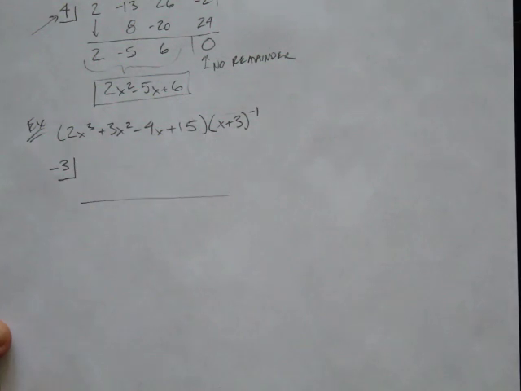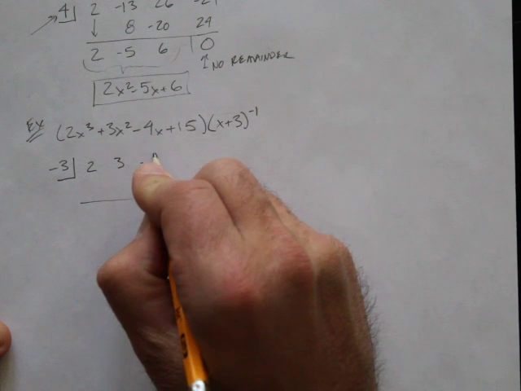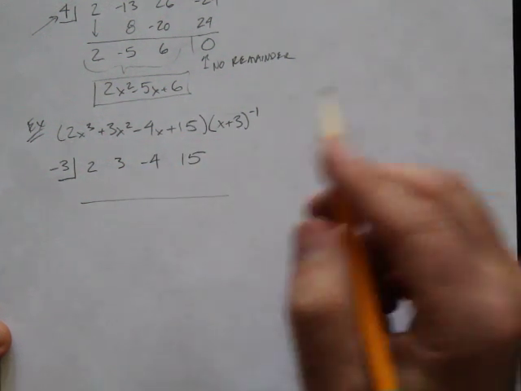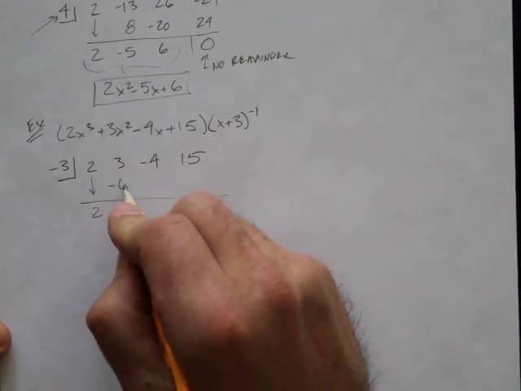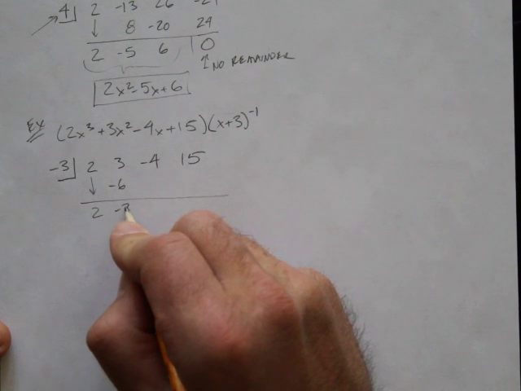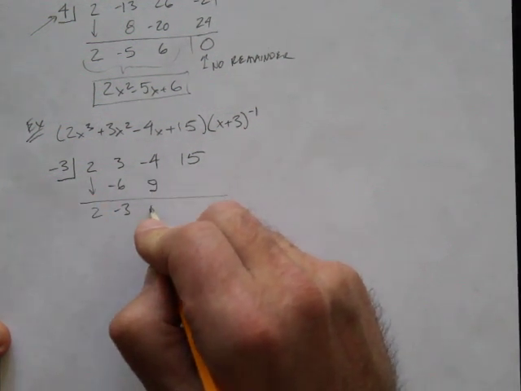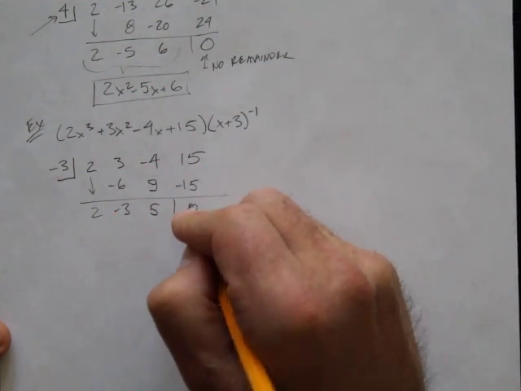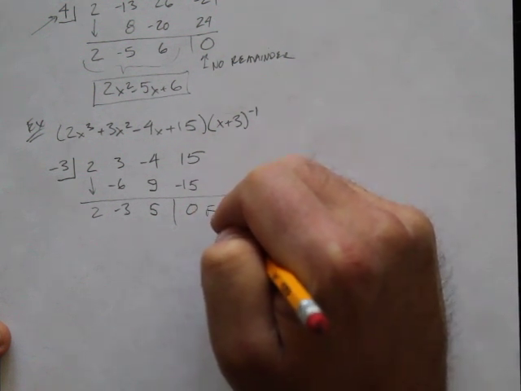Draw a line. We write 2, 3, negative 4, positive 15. We bring this 2 down. 2 times negative 3 is negative 6, which gives me negative 3. Negative 3 times negative 3 is positive 9, which gives me 5. 5 times negative 3 is negative 15, and I get 0 here for my answer, so I have, again, no remainder.